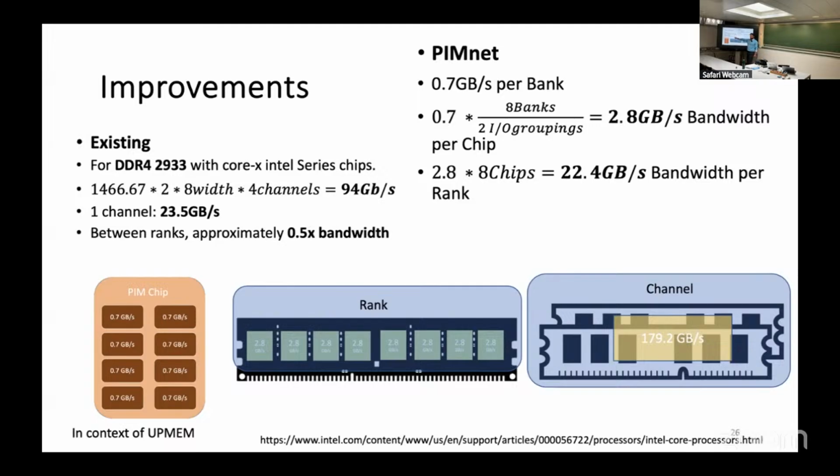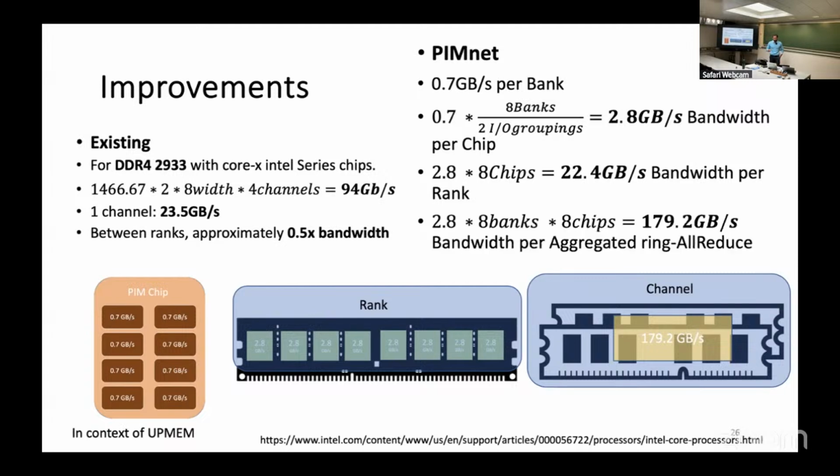Of course, this is channel, so there could be 2 ranks within it, but you can estimate that this is going to be half or double the amount of bandwidth as it would be with existing systems. Another cool little detail would be that you could have an aggregated ring or reduce algorithm, which would make it so that every single bank goes in a clockwise fashion to send data to one another. And you can get maximum output bandwidth of 180 gigabytes, basically, which is pretty neat.